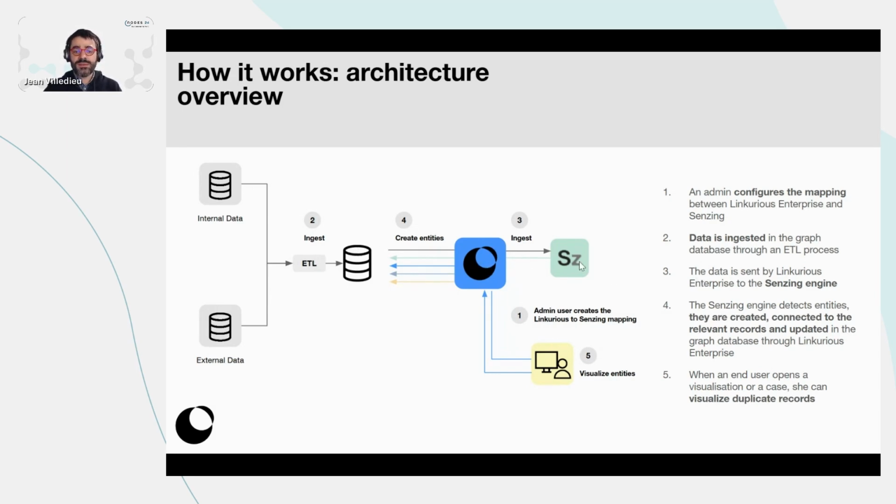So the data flows from the database to Sensing. And then the Sensing engine detects entities, and these entities are connected to the relevant records and updated by Linkurious Enterprise in the graph database. What that means is that at the end of the day, the end user, when that person opens up a visualization or a case, he or she can see the duplicated records very, very easily, and we will see that via a demo later.